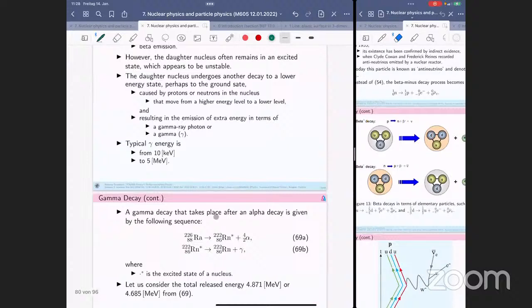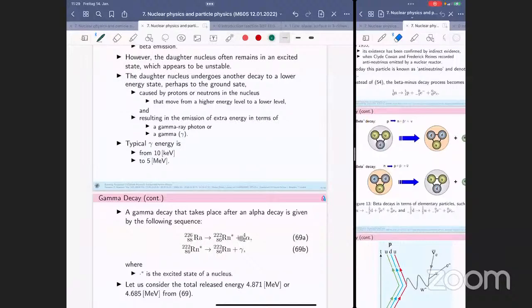The gamma decay could be written in a chemical expression like this. It's the same thing, right? You start, for example, from the alpha decay: you have radium, and you get radon, 226 to 222, 88 to 86, and we get a helium particle. But we leave the star symbol here on the right-hand side. It's not a complex conjugate, right?